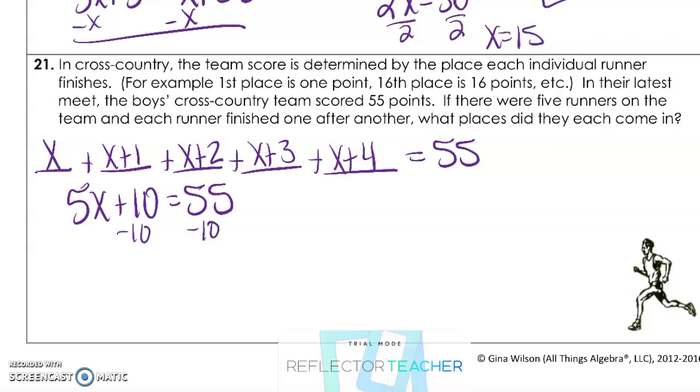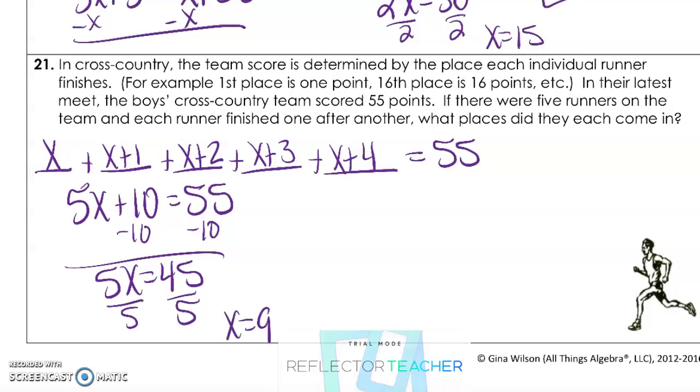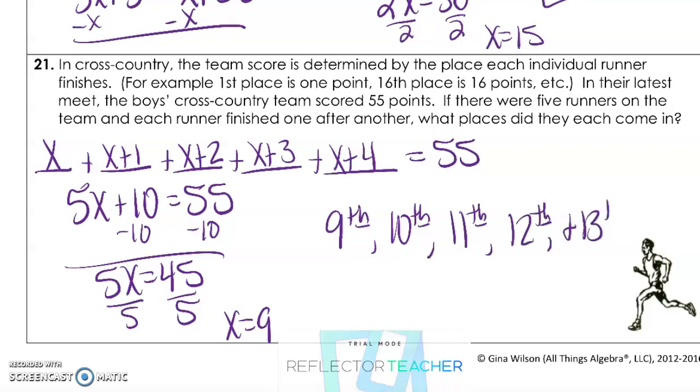Subtract 10, 5x equals 45. Divide, and x equals 9. So it says what places did they come in? 9th, 10th, 11th, 12th, and 13th would be our final answer.